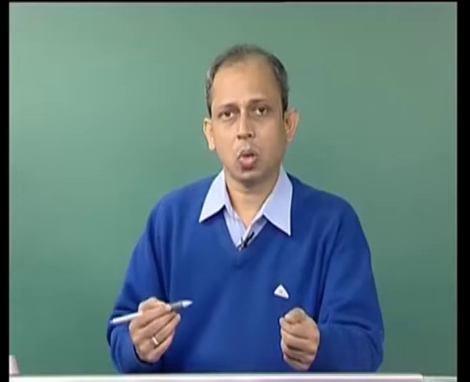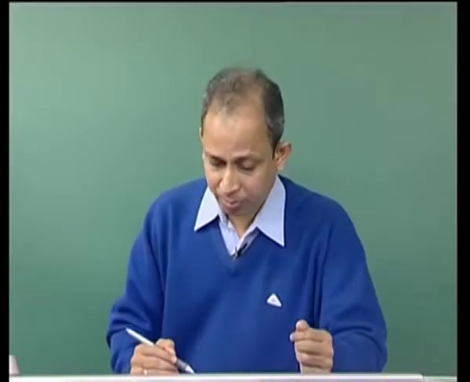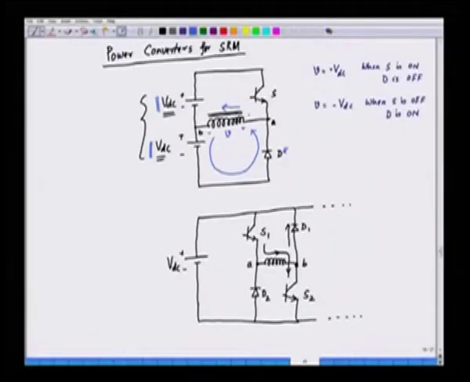So, we can go to a second topology in which we have a single power supply here, that is plus VDC, and we have the winding, and in this case we can say this is the voltage here, plus minus. So, we have the transistors S1, S2 and the diodes D1 and D2.